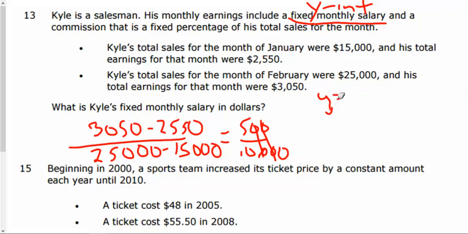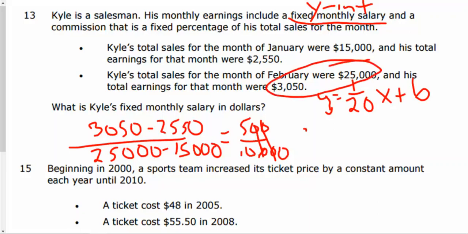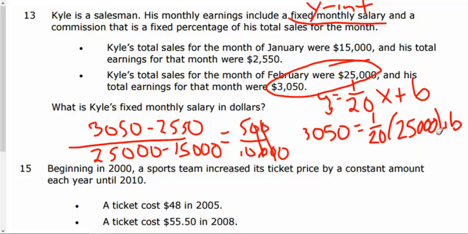Y equals 1 over 20x plus b. And our goal, like I said, is to find out what b is. So now we plug in either point. So I'm going to plug in February. So I get 3,050 equals 1 over 20 times 25,000. And again, guys, we have calculators. Don't be afraid to use them here.